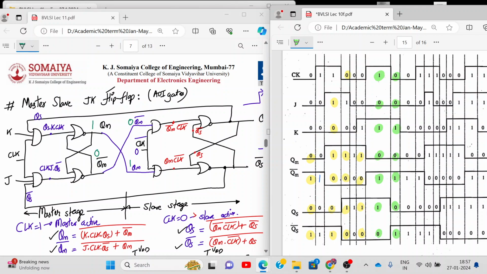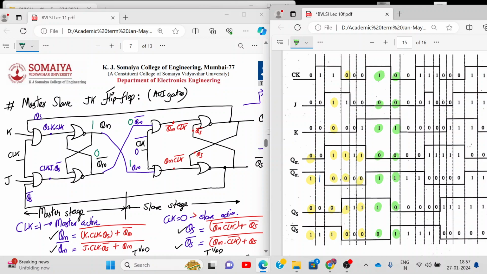So in that case, irrespective of your JK inputs, the output of slave will change. हाँ. Yes. When clock becomes from 1 to 0. Right? Yes, sir. Okay. So, in that case, sir, your JK output will remain same. The master output will remain same, but slave output will change. Yes. Only when the clock changes from 1 to 0.